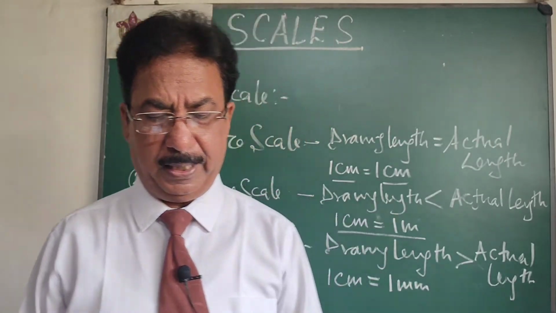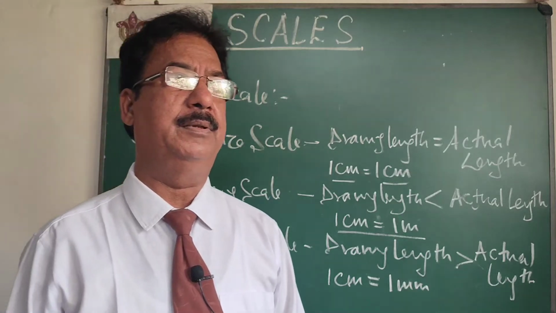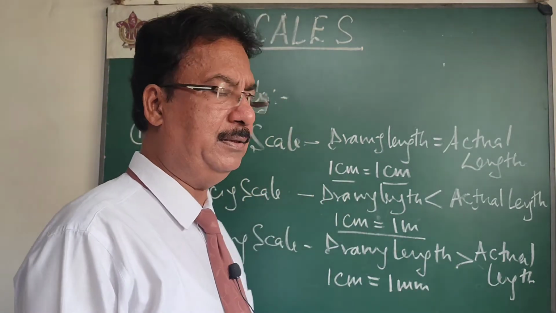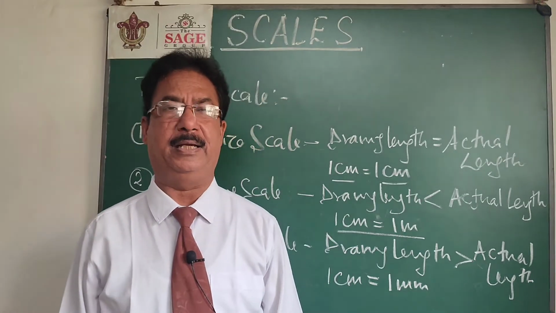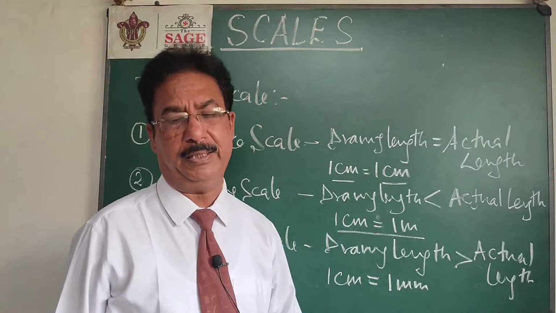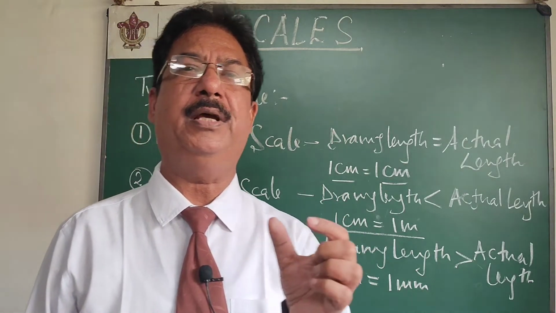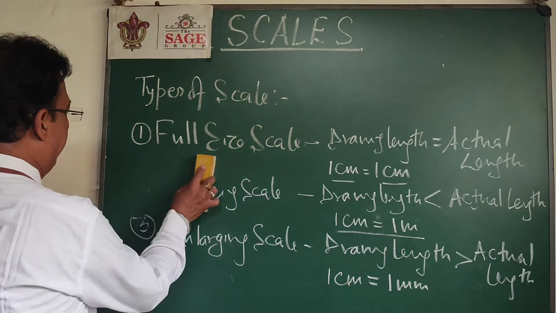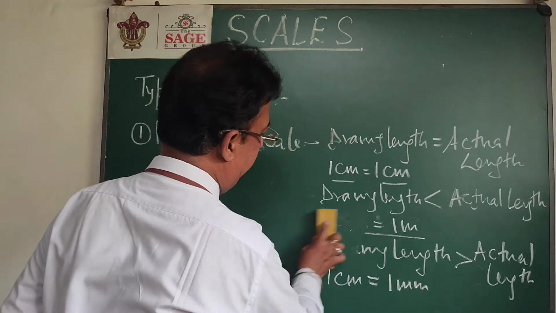Now apart from that, there are 3 more ways to represent these scales. One will be known as the engineer's scale. The proportion which I have shown right now, 1 centimeter equals 1 centimeter, means we are representing our scale in numerical form, and that is known as the engineer's scale.